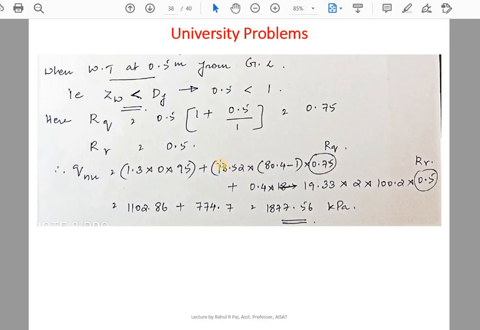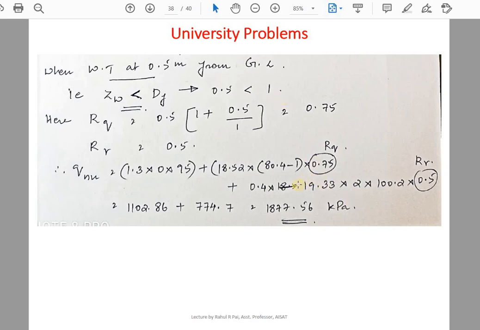I told you, when the water table is in the middle of the soil and you have a double case, that is, soil above is not saturated and soil below is saturated, in such conditions you have to go for the least weight, that is, the bulk weight rather than the saturated weight. So it is 18.52, that is the bulk weight, and this is NQ minus 1, and you have the reduction factor as 0.75, which we have obtained here.